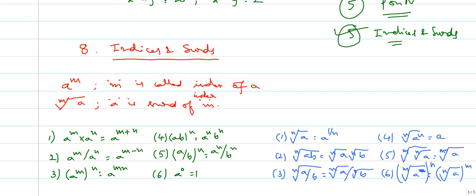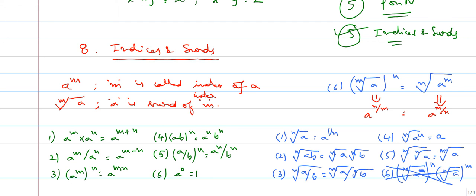Let me explain this. The mth root of a whole power n is equal to the nth root of a power m. Yes, this is the correct one. To elaborate, the mth root of a power n is a power n by m, since the mth root is a power 1 by m.